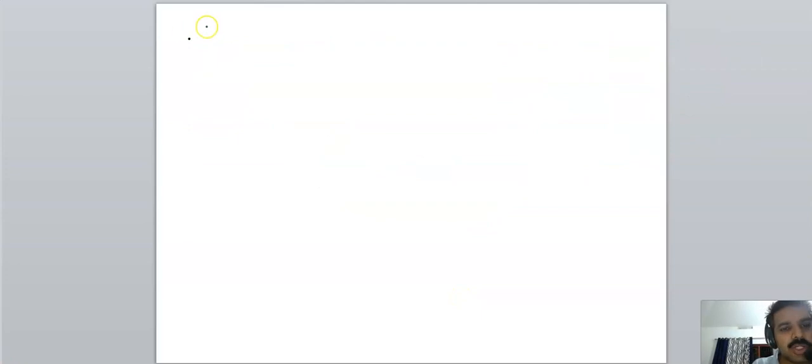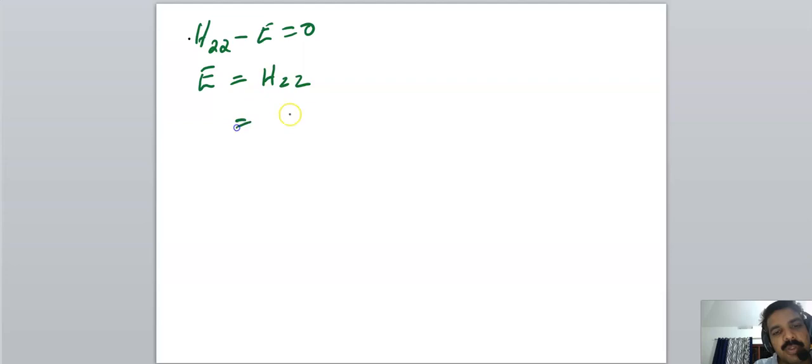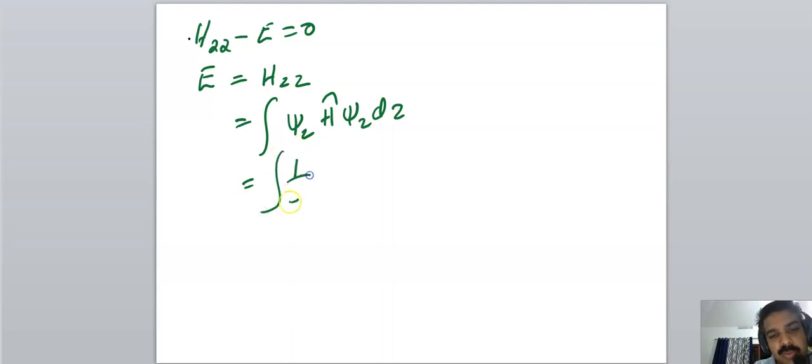So this is our equation, H22 minus E equal to 0. Therefore, E is equal to H22. What is H22? Integral psi 2 H cap psi 2 dτ. Okay, what is psi 2? Psi 2 is equal to 1 by root 6 into 2 phi 1 minus phi 2 minus phi 3.